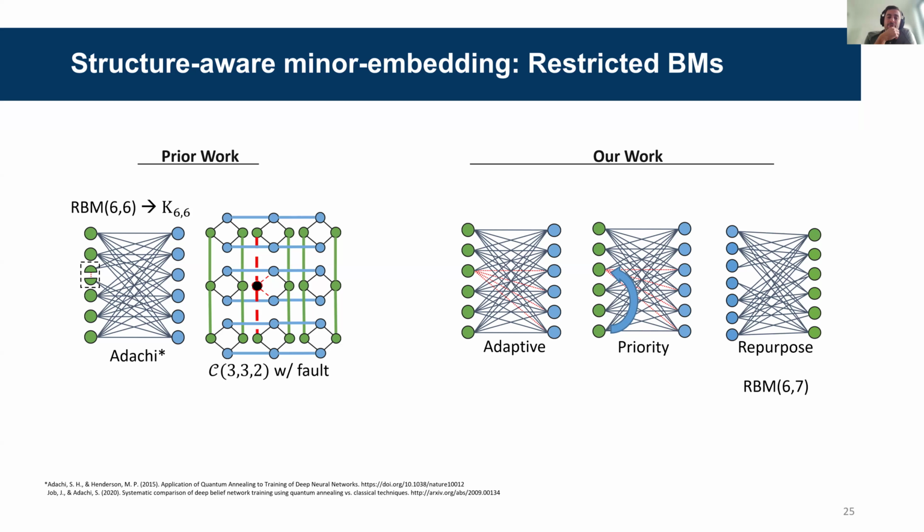And then third, we have a method called repurpose, where we flip the row column assignment. And so this happens if we can use those subchains as individual hidden nodes. For example, doing that on this example graph will turn the RBM, instead of the 6x6 that we had initially, into 6x7 hidden nodes. But those would be with pure connections.